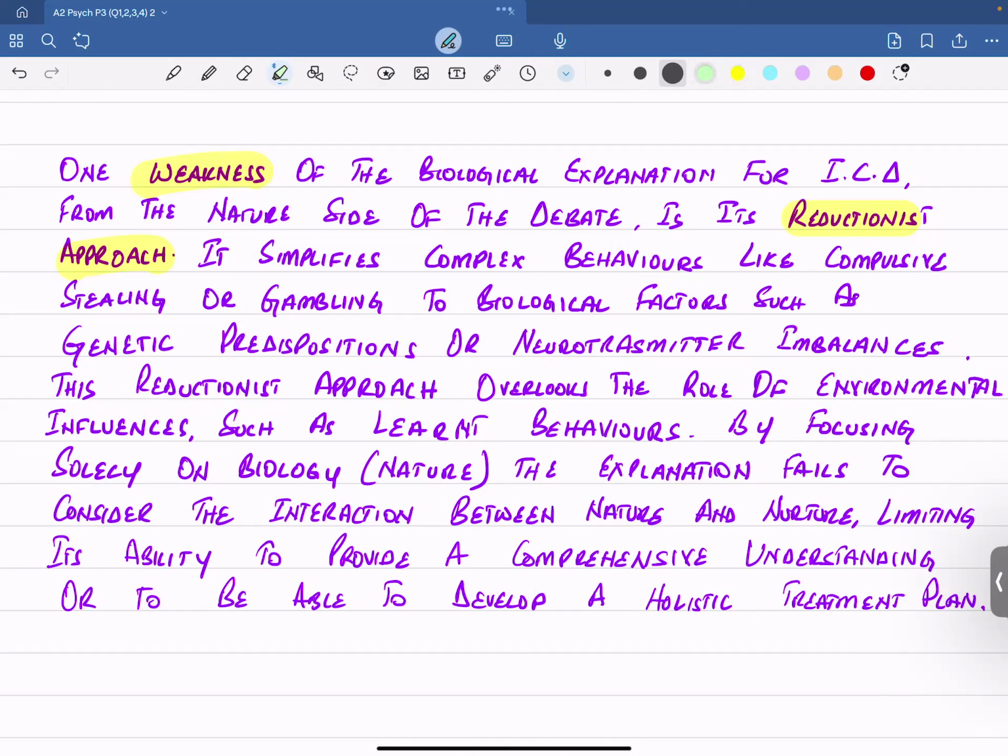It simplifies complex behavior like compulsive stealing or gambling to biological factors such as genetic predisposition or neurotransmitter imbalances. This reductionist approach overlooks the role of environmental factors such as learned behaviors. By focusing solely on biology, that is nature, the explanation fails to consider the interaction between nature and nurture, limiting its ability to provide a comprehensive understanding or to be able to develop a holistic treatment plan.